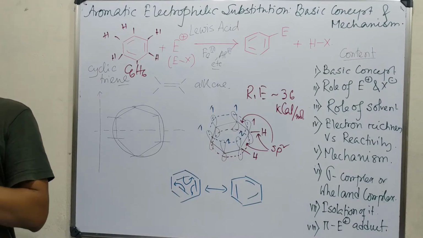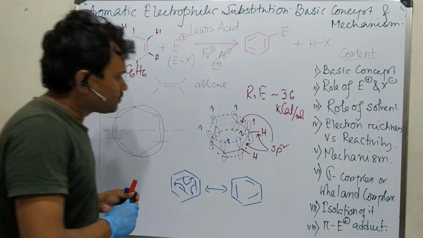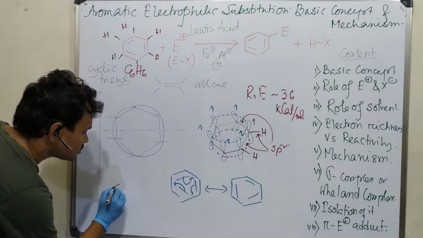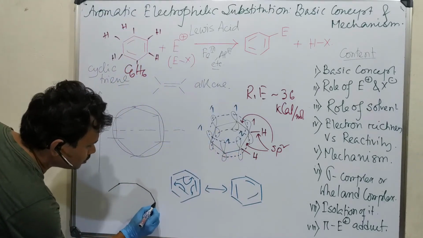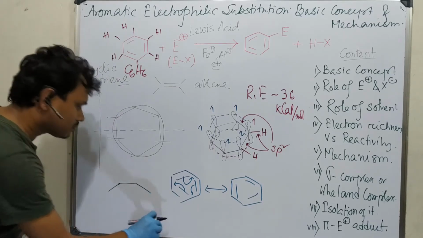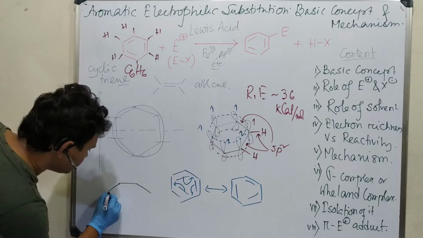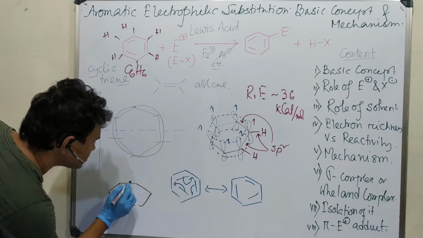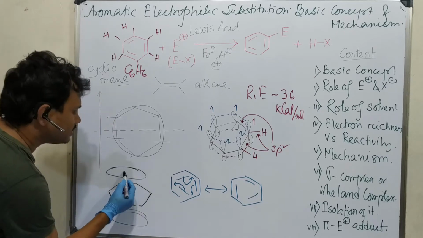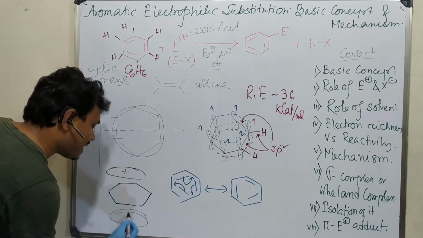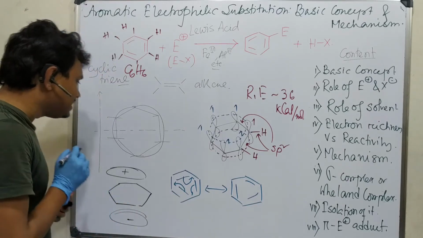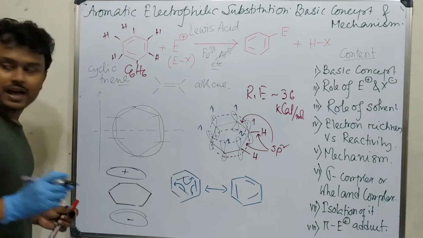It means that they are bonding. If you think properly, it should look like this, having a pi cloud above and below. Its symmetry is different: if it is plus, this is minus.